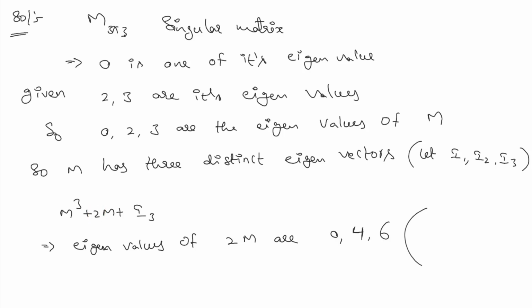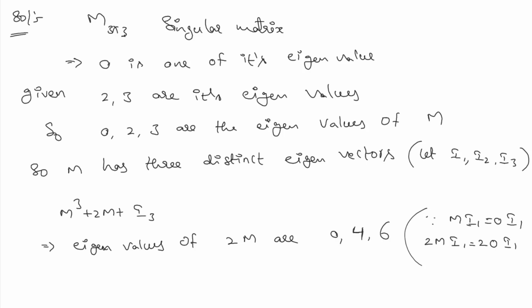This is because we have M I1 equal to 0 times I1, so 2M I1 is also 2 times 0 times I1.